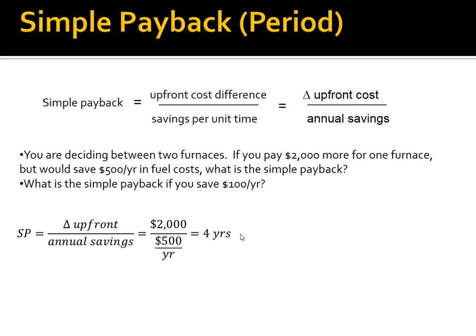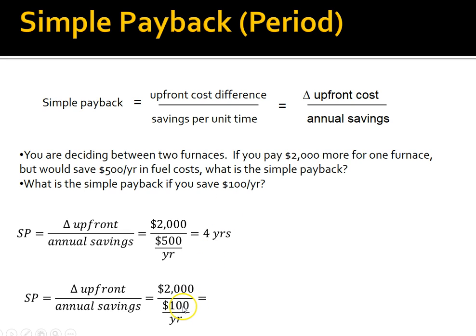Okay, let's go through another example. So what's the simple payback? Let's say it's the same situation except I'm only saving $100 a year in fuel costs. So use the same formula, $2,000, but this time it's divided by $100 because that's my annual savings, and it is 20 years.